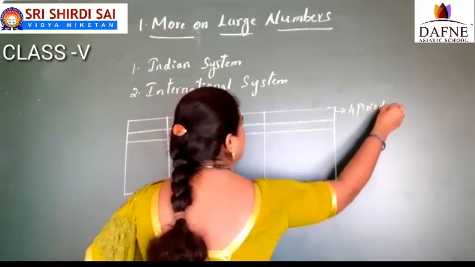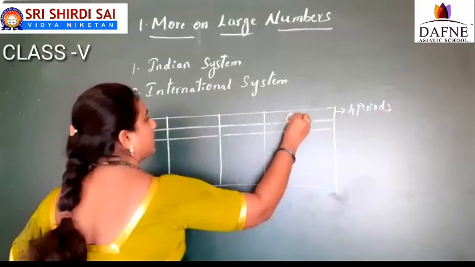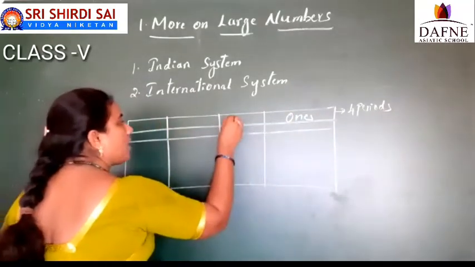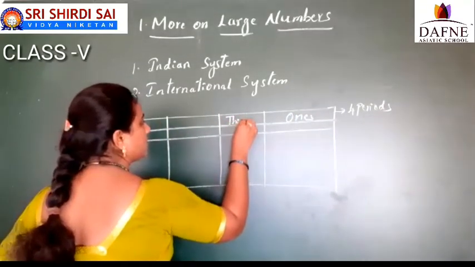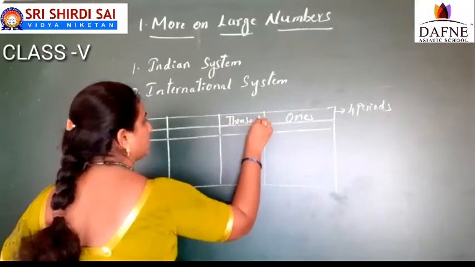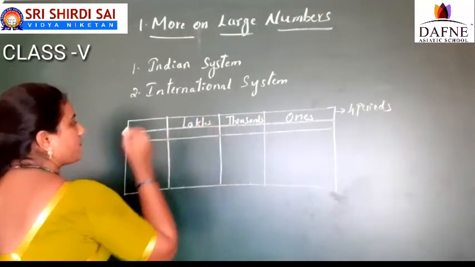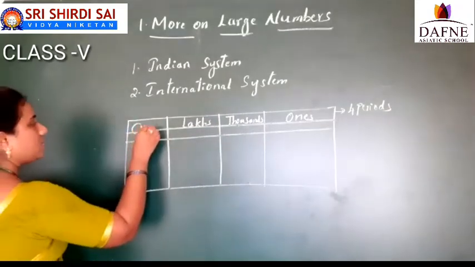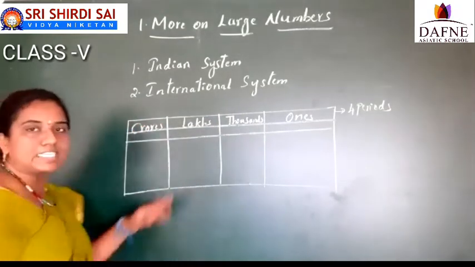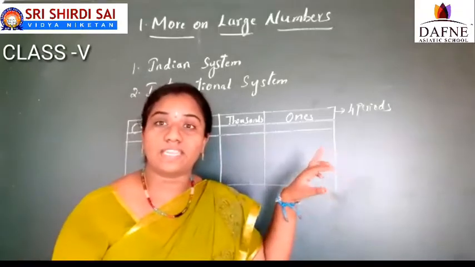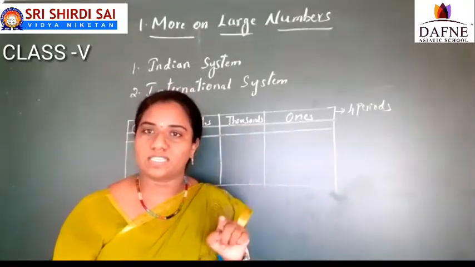What are the periods? Ones period, thousands period, lakhs period, and crores period. So the Indian system has how many periods? 4 periods.